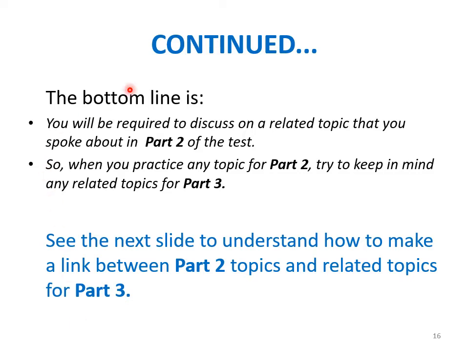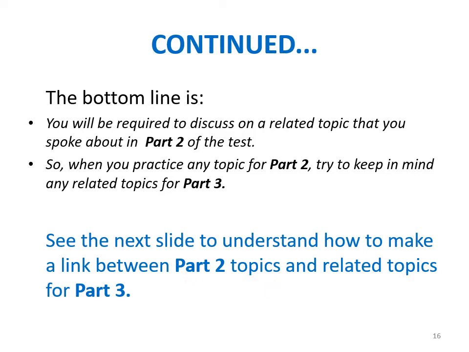The bottom line is you will be required to discuss a related topic to what you spoke about in part 2. So when you practice any topic for part 2, try to keep in mind any related topics for part 3. Alright, so you have to link part 2 and 3. See the next slide to understand how to make a link between part 2 and part 3 topics.